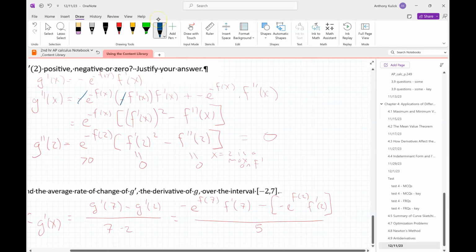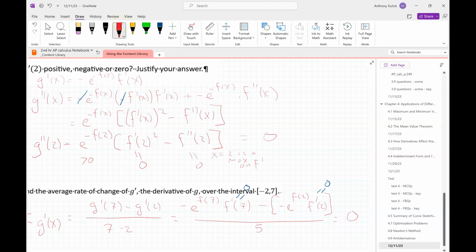And you might be thinking to yourself, Mr. Kulik, how am I supposed to do f of 7 or f of 2? I wasn't given any of that information. Doesn't matter, because the first derivative of f at 2 and 7 is 0. Just pulled that from the graph. So it should be 0.